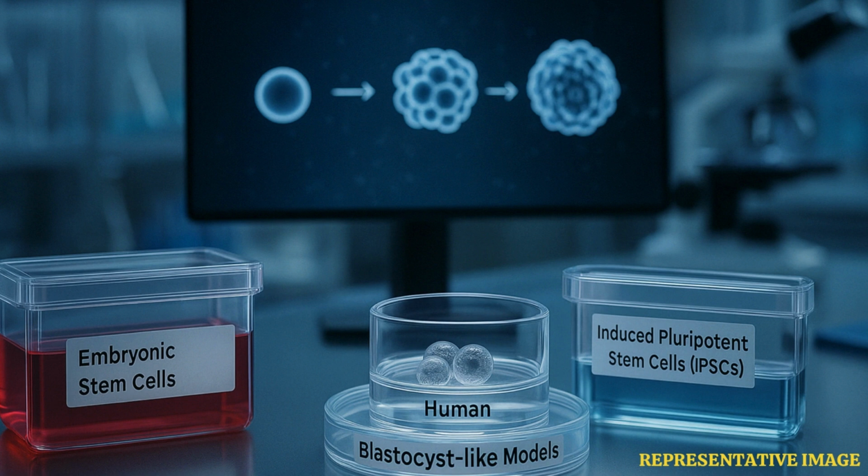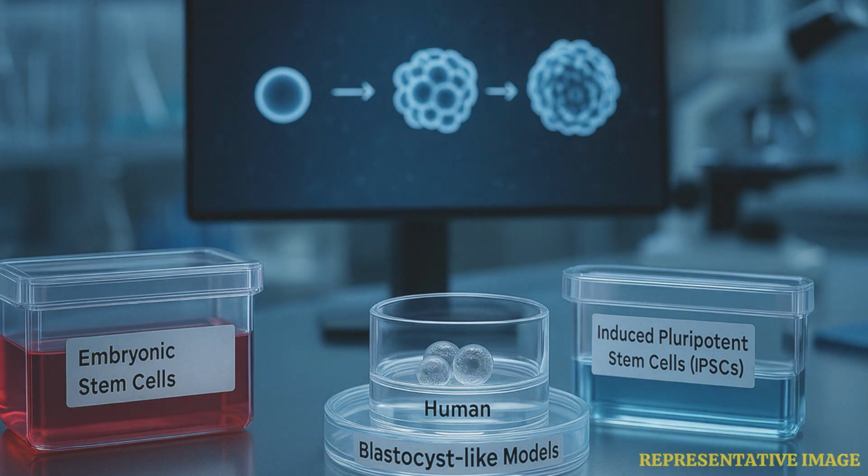The two teams approached the development of a human model in slightly different ways. Wu's team used two different types of stem cells, some derived from human embryos, and other so-called induced pluripotent stem cells, which have the potential to become any cell and are produced from adult tissue.